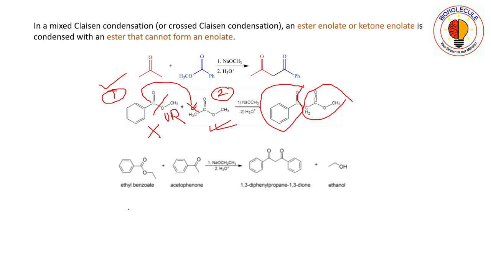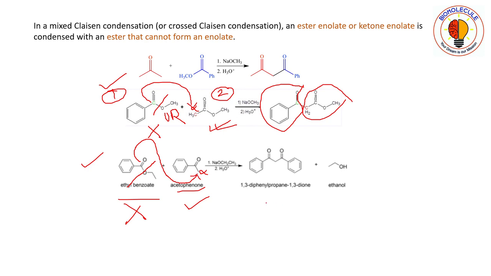Similarly, if we look at this example, this acetophenone molecule contains alpha hydrogen, whereas ethyl benzoate does not contain any alpha hydrogen. So you break over here, releasing the alkoxy group, and you add the leftover portion to the alpha carbon.